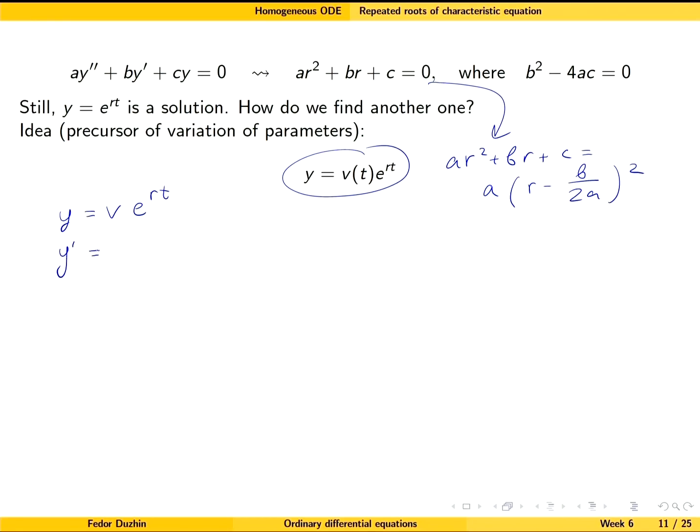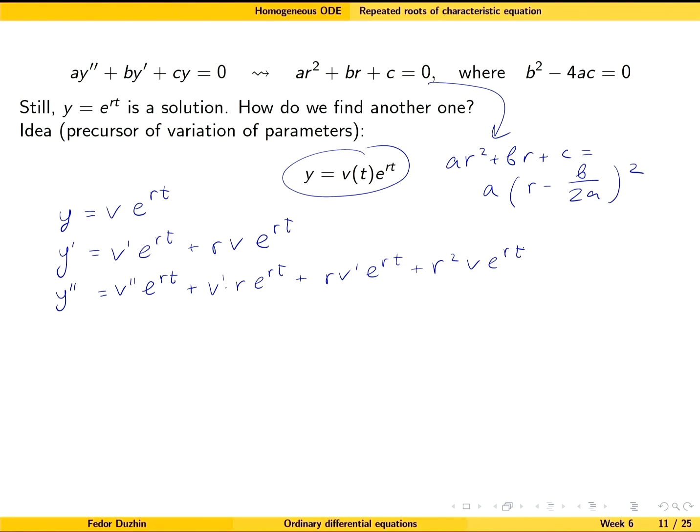Then what is y prime? So y prime is v prime e to the rt plus r v e to the rt. So y double prime. Now I need to differentiate this again. So it is v double prime times e to the rt plus v prime times r e to the rt plus r v prime e to the rt plus r squared v e to the rt.